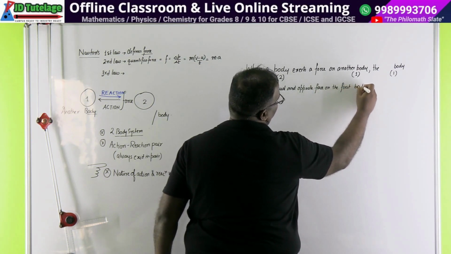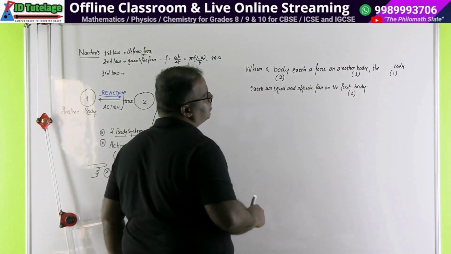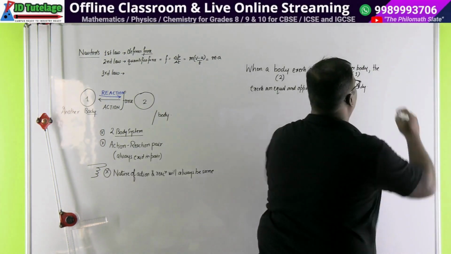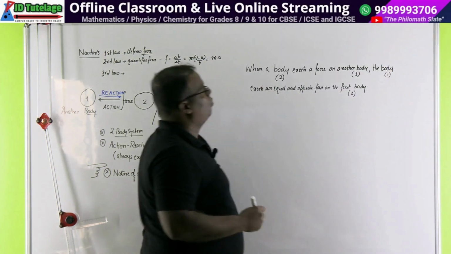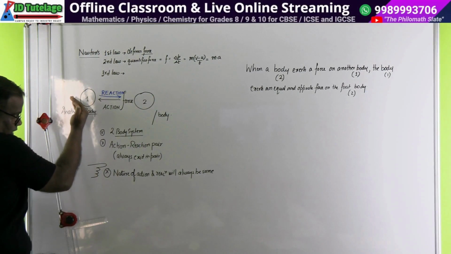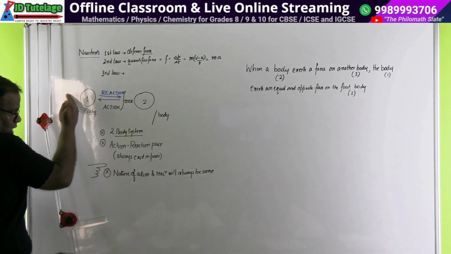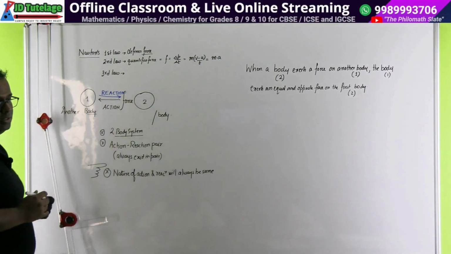Don't write every action has an equal and opposite reaction. You'll make a blunder out of it. When a body exerts a force on another body, this body exerts an equal and opposite force on the other body.